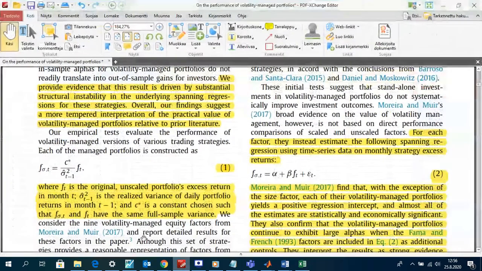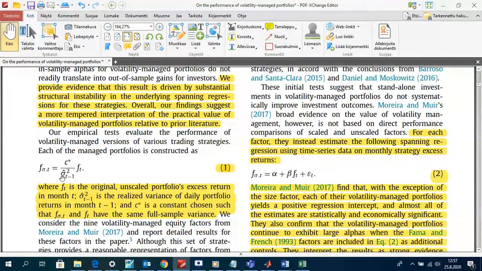So if we go back to this paper, here they use past realized factor volatility in implementing the scaling factor. They use past realized volatility to determine how much they would invest next period in this factor, either increasing the amount, which means leveraging the position, or decreasing the amount, that is deleveraging the position.